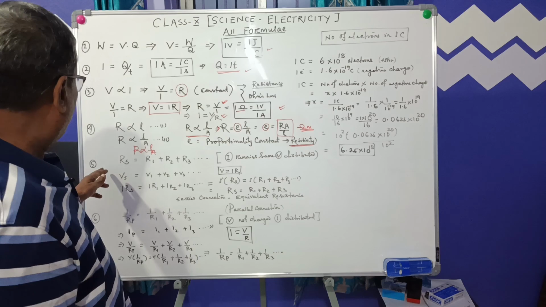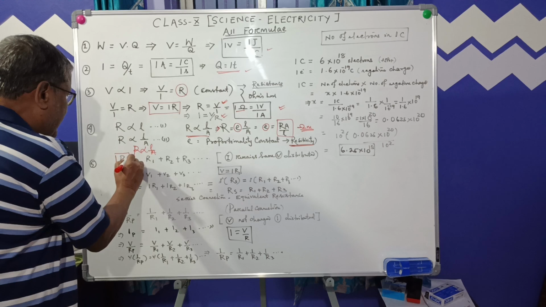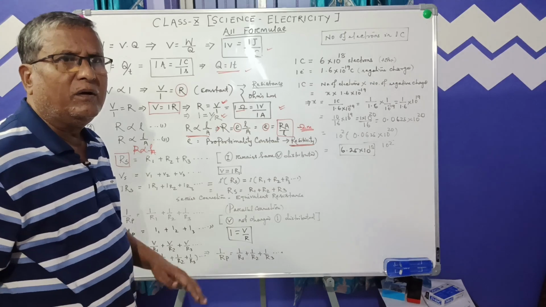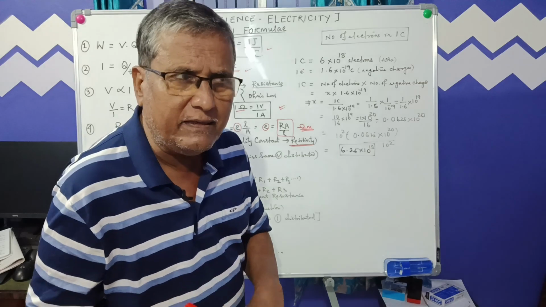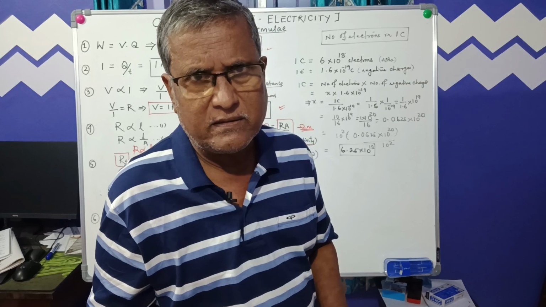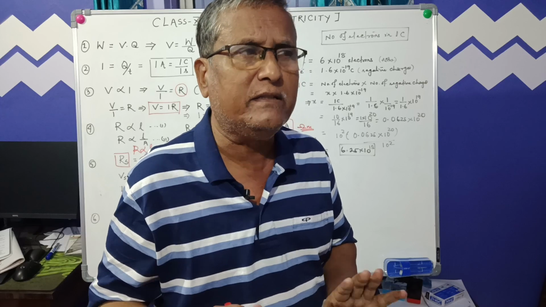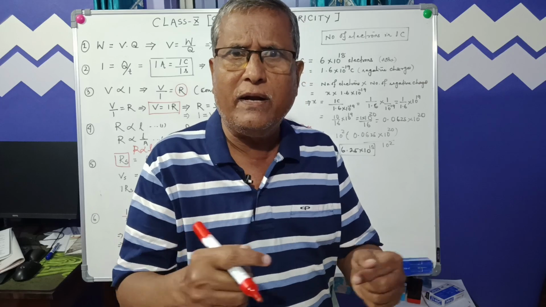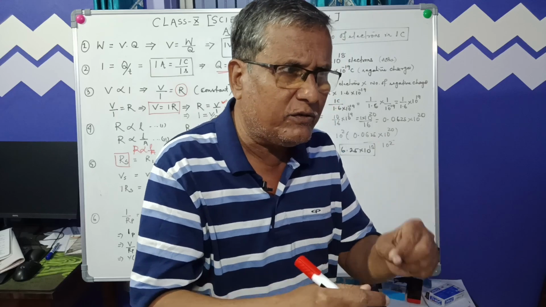Then come to formula number 4. Here Rs, what does it mean? S means series. When two or more resistors are connected in series, we have to find out the equivalent resistance or the total resistance of 3 or 4 resistors connected in series. What is series connection? Series connection means end to end connection. The positive end is connected to the negative end, and the negative end is connected to the positive end.